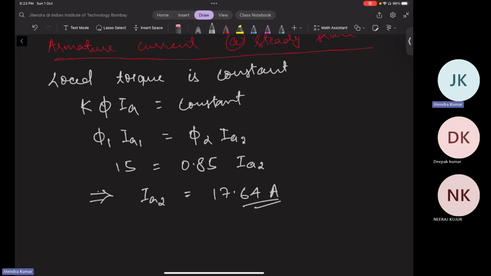Now, because of this condition, when load torque is constant and the flux is reduced, we will have a new back EMF, which will give us the new speed, right? Because back EMF is always linked to speed. So the new value of the back EMF will be Vt minus Ia Ra, that is 17.64 into 0.1.